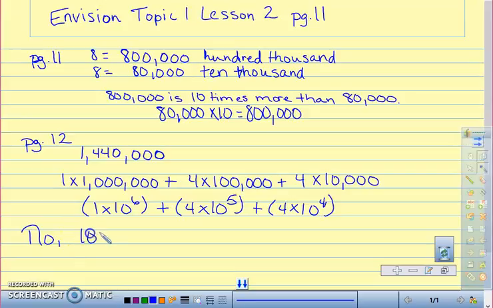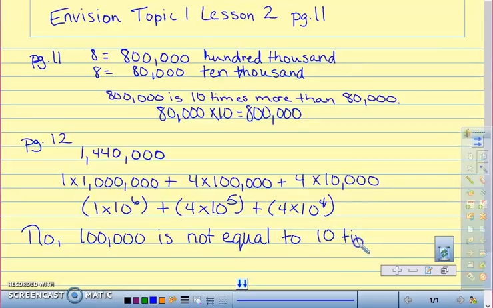So 100,000 is not equal to 10 times 400,000.